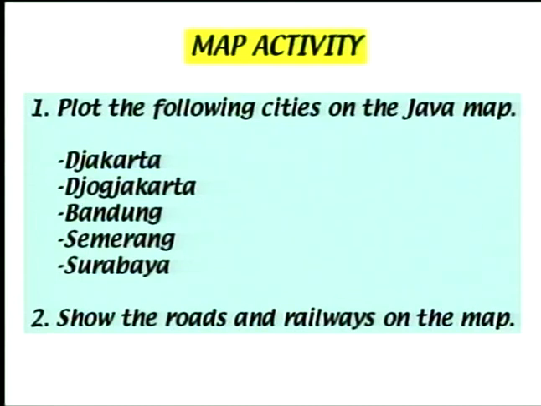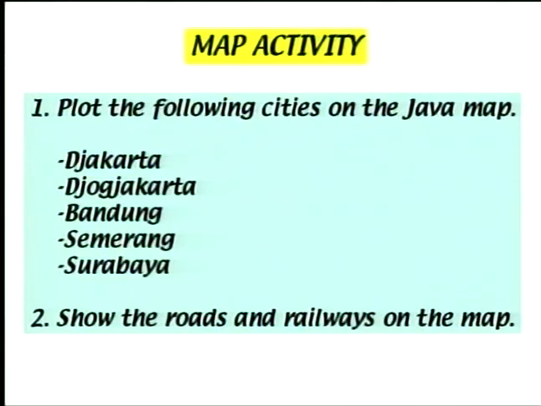And secondly, refer to page 6 of your booklet, and I'd like you to also indicate the transport network, which is basically the roads and the railways, on that same map. You will notice that those cities, or main urban areas on Java, are well connected by the roads and railways on that island.